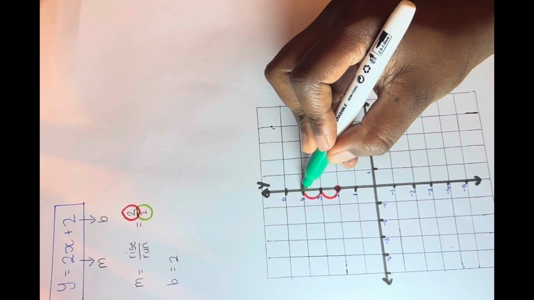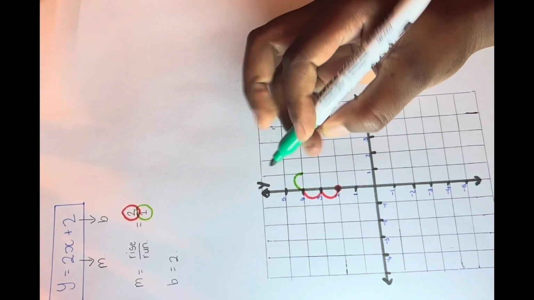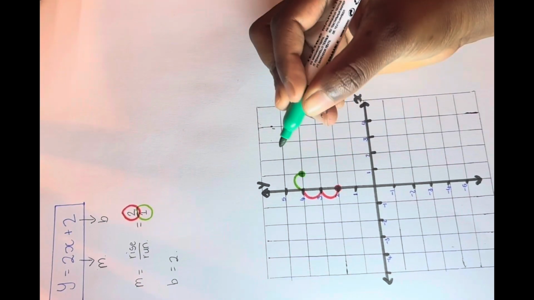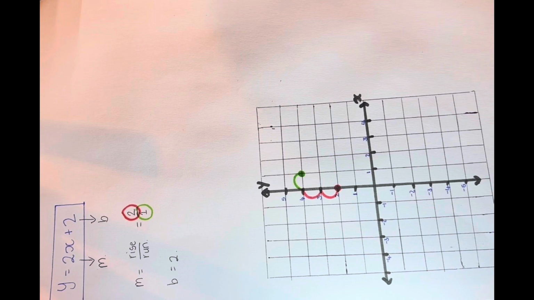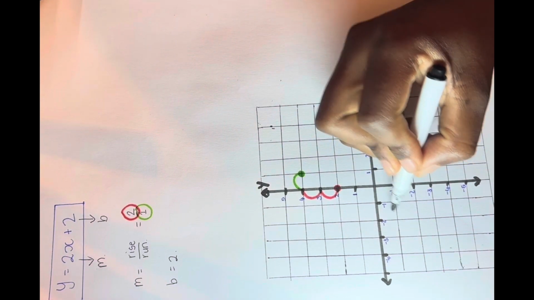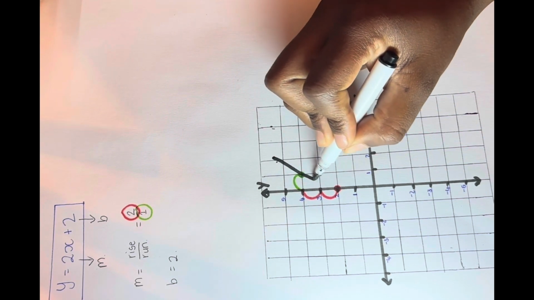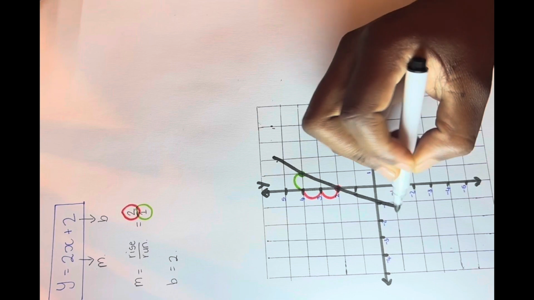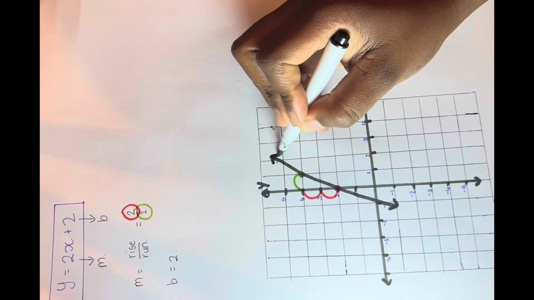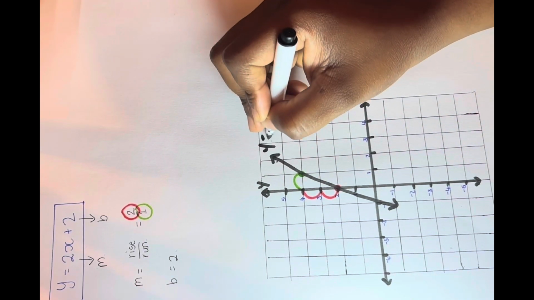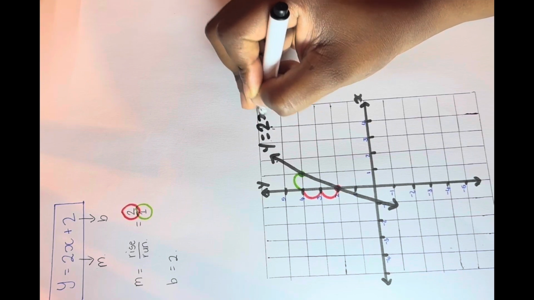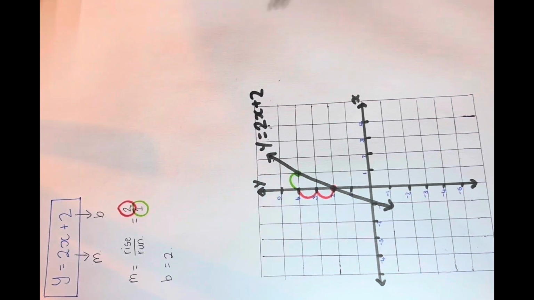So from here, we move once, and this is our new spot. All we do is link the points together, just like that. And that is y equals 2x plus 2.